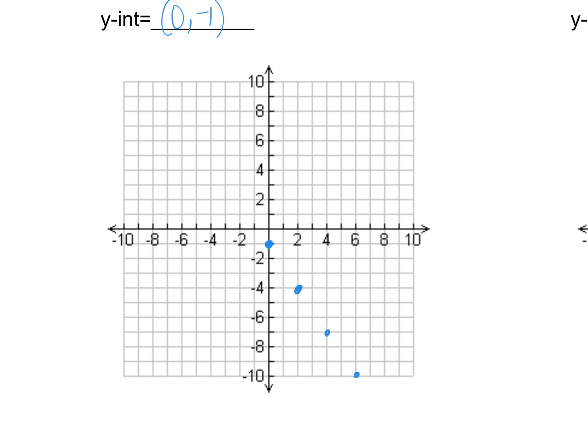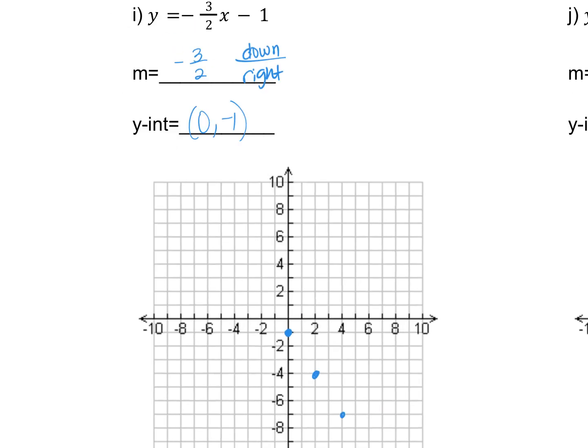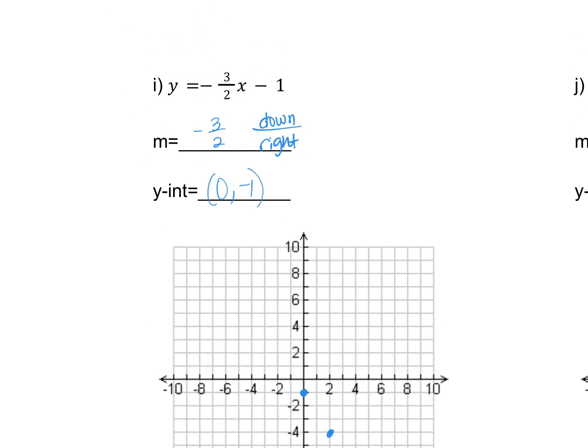I want to show you something because on these graphs that I provided you are really nice and big and you have plenty of room. On the other ones, on your worksheet, you may run out of space. So the opposite of going down and right, so it also works, would be going up and left.